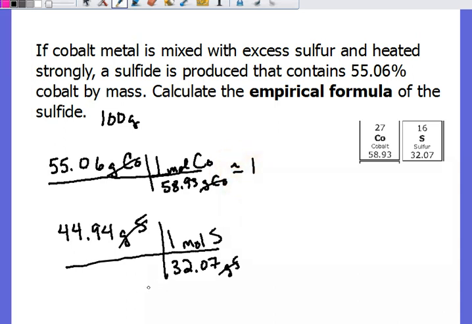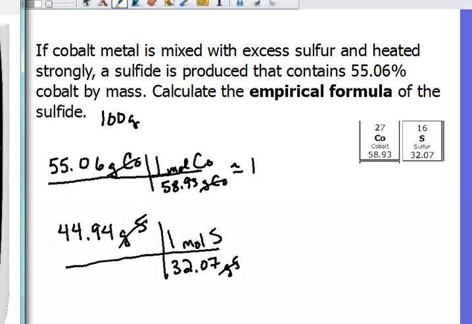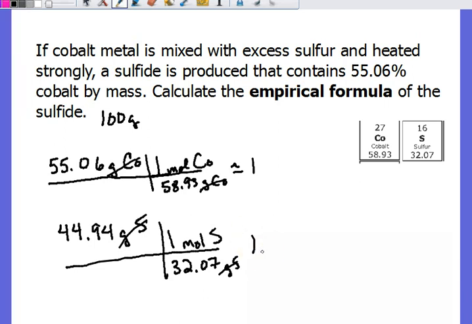And then I take the 32.07 and divide it into my 44.94, and it comes out to about 1.4, roughly 1.5 actually.